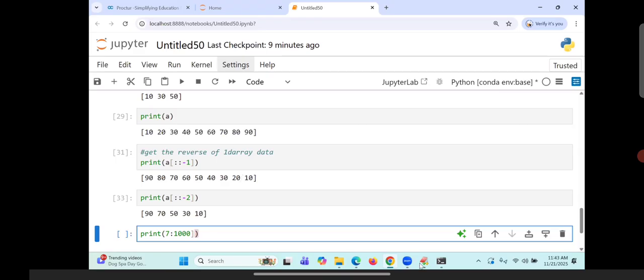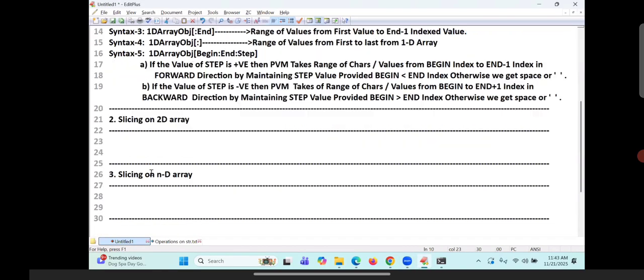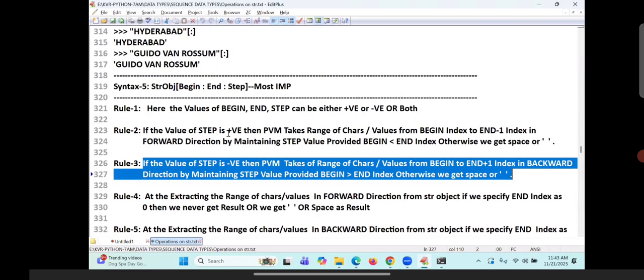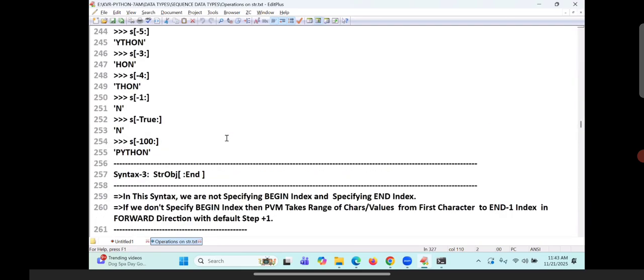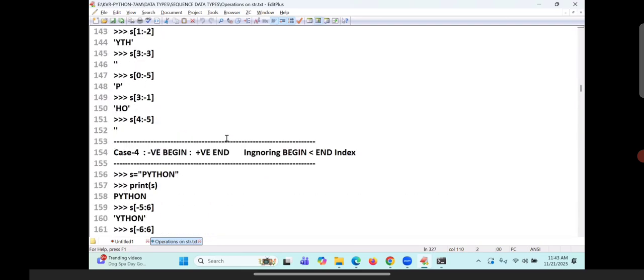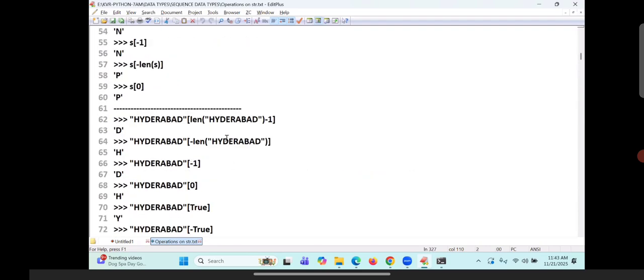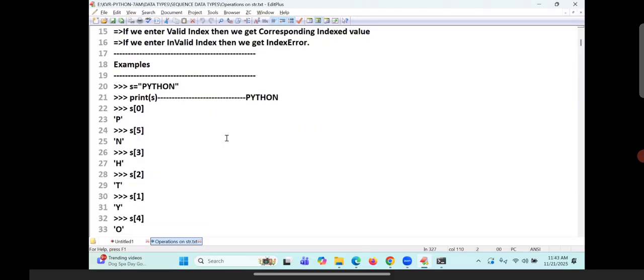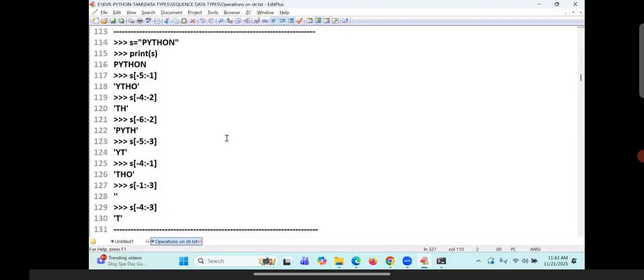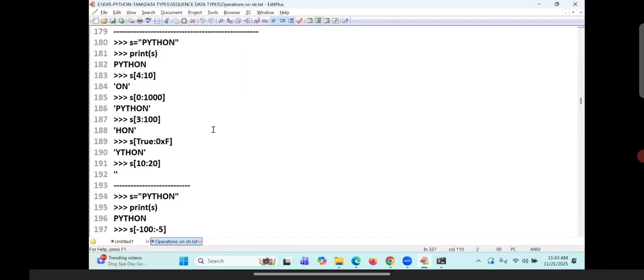So in the special points, these are always going to be there. That's why my notes are compulsory for everybody. It is an oxygen for everybody. So go to the special points here. In this case, here 7 colon 1000.